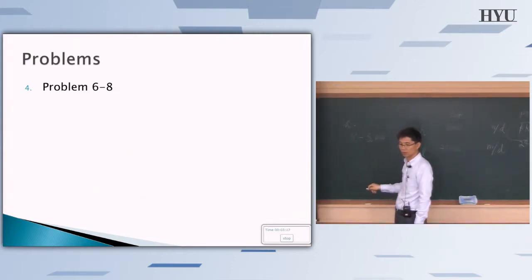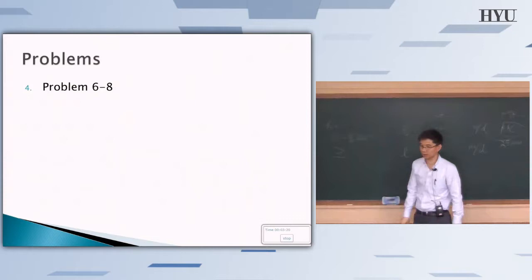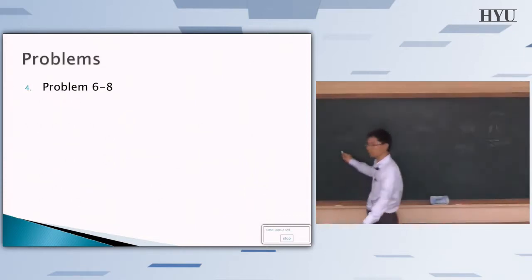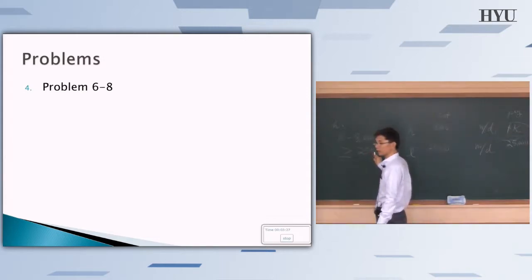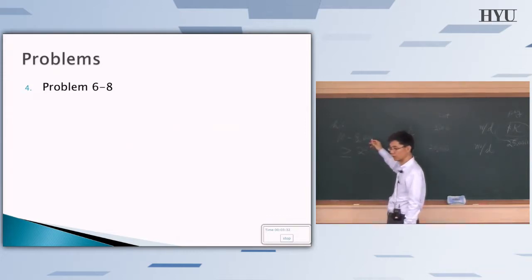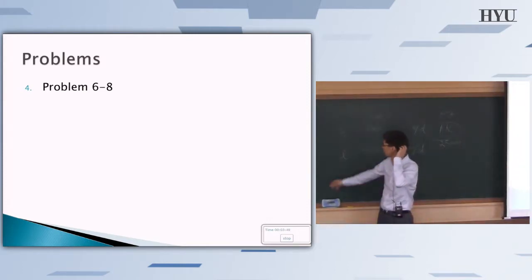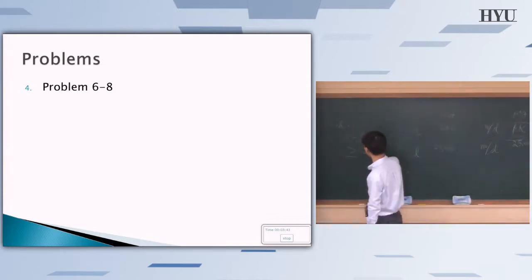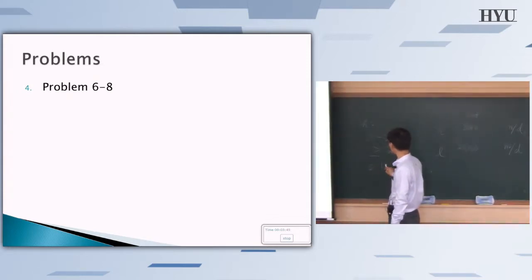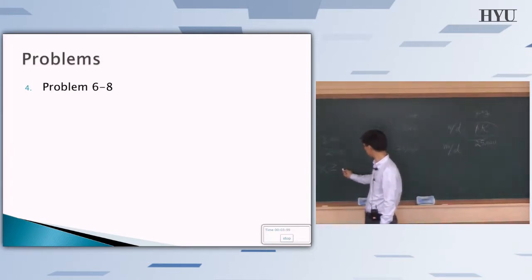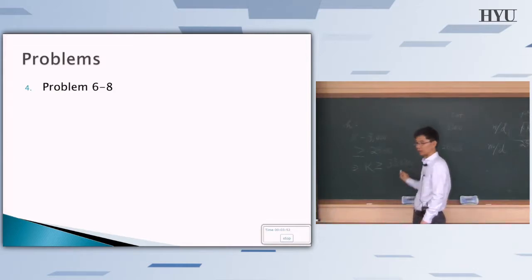It must be greater than or equal to $25,000 without a diploma. So this is the net benefit of having a diploma, and this is the net benefit of having no diploma. So that means K must be greater than or equal to $33,000.